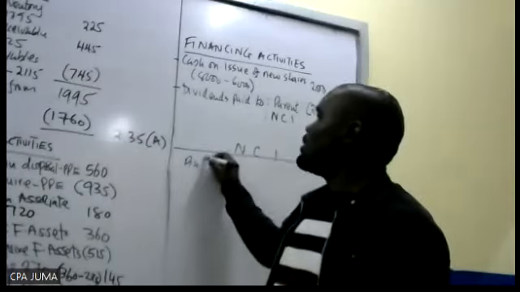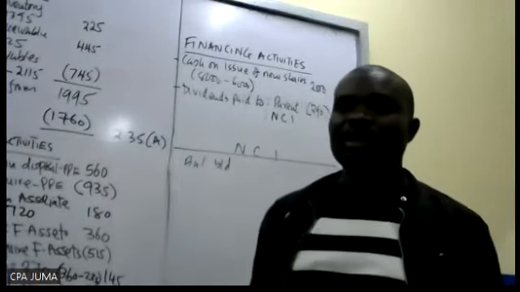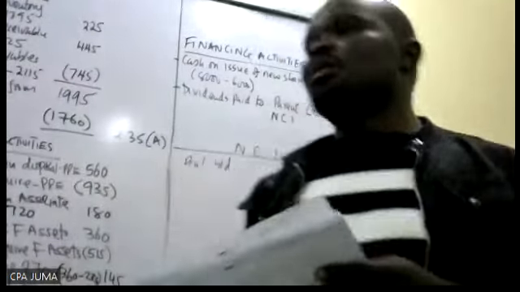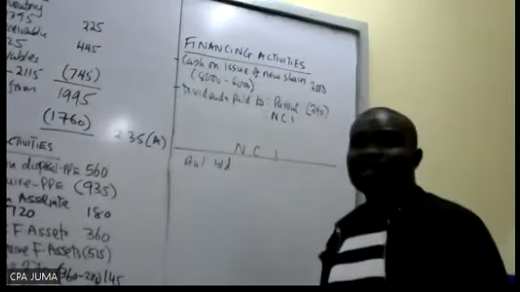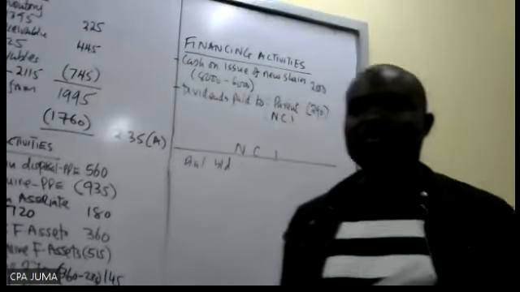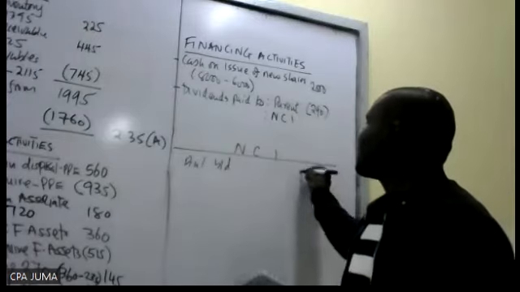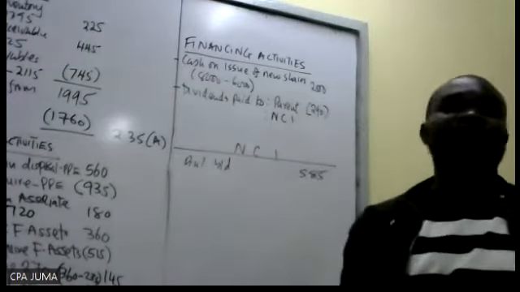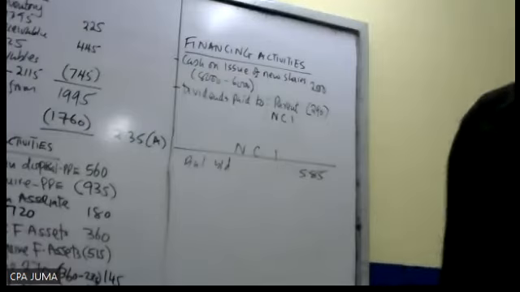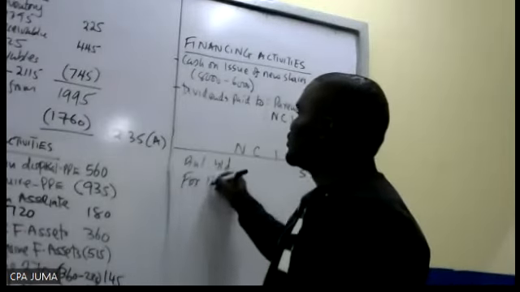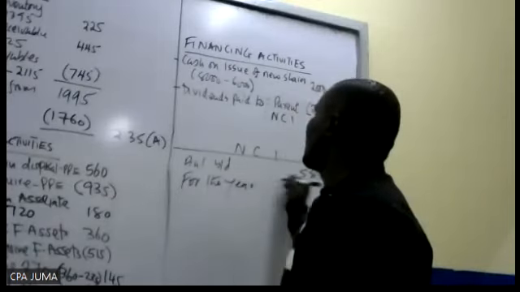So check the balance of minority at the beginning of the year. Don't confuse it with equity attributable to owners of the group, that is the total of those appearing above. So minority at the beginning, how much can you capture? 585. For the year, it's 390.